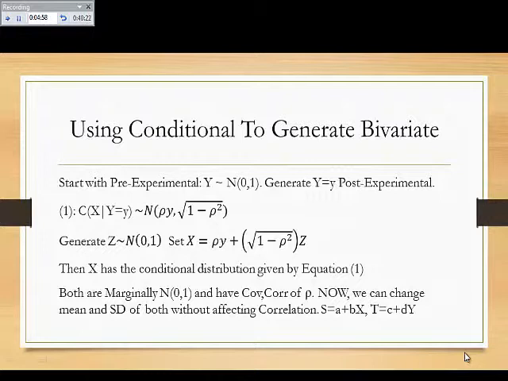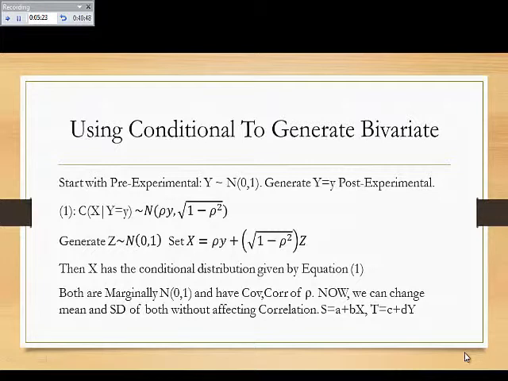And now I want to get the general bivariate. These x and y are both normal 0, 1, and they have correlation rho. General is very easy. You just change the mean to whatever you like and change the standard deviation to whatever you like. If you take s equals a plus bx and t equals c plus dy, the correlation between s and t will still be rho.